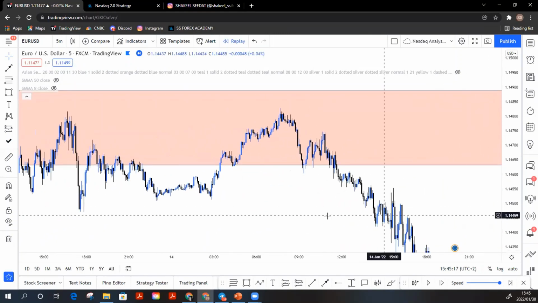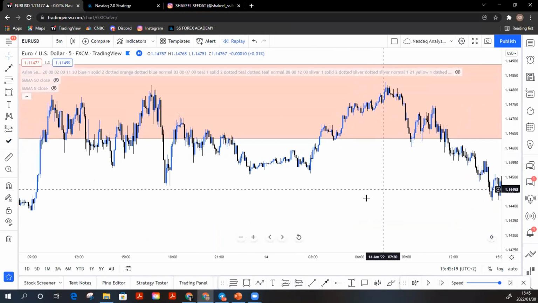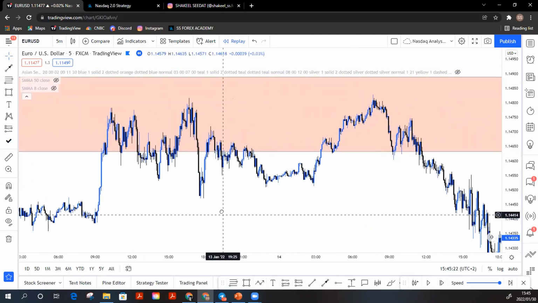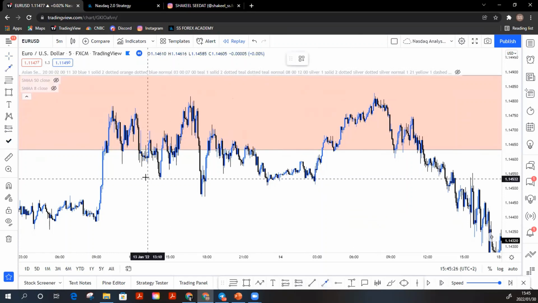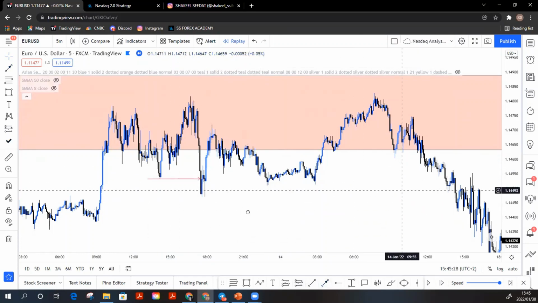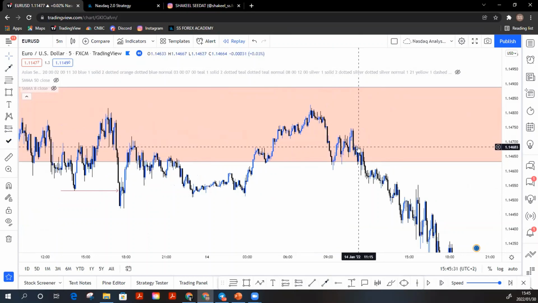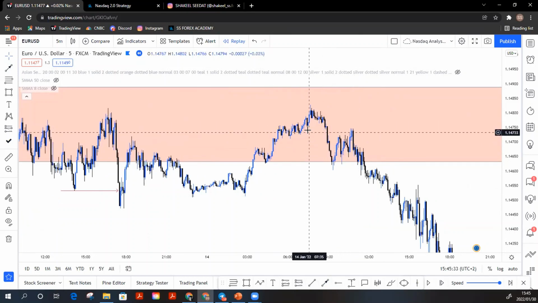Okay, there we are. So immediately you've got a change in character that happens. Yeah, right. So first change in character there. Then you've got a new supply area that forms here.